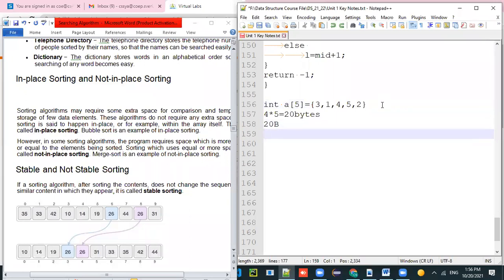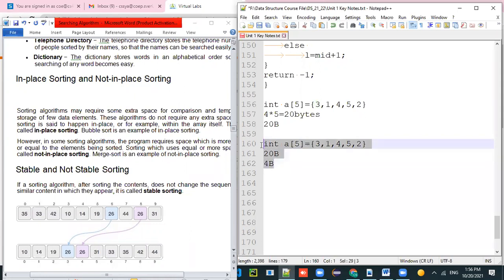Now we'll consider the same list and apply sorting using merge sort, right? Merge sort uses some extra memory. It considers some temporary memory, say 4 bytes of temporary memory, required to do the comparison of two elements.